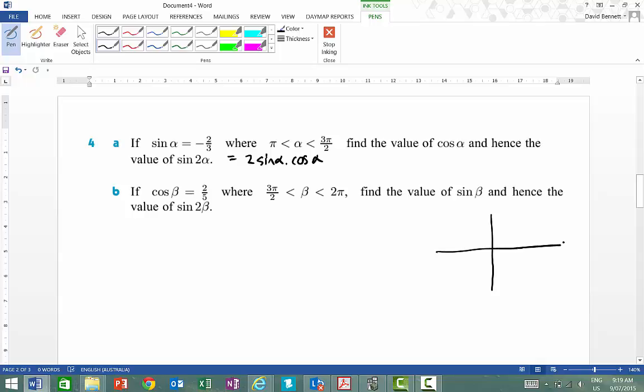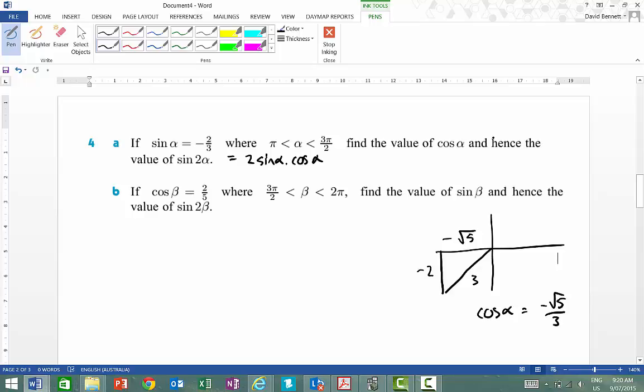In the first one I showed you, I didn't really need to use it because I already had the answer. So here we know that sine's equal to -2/3. And so therefore that's 9, that's going to be 4. So this here is going to be the square root of 5, isn't it? Using Pythagoras, and it's going to be minus. So here we know that cosine of alpha is going to be equal to -√5 over 3. So that's the first thing you do, is use your unit circle.